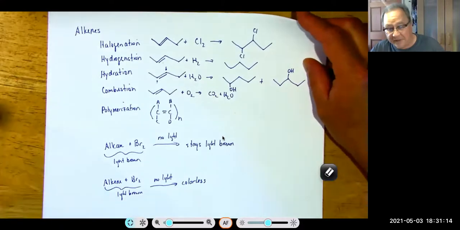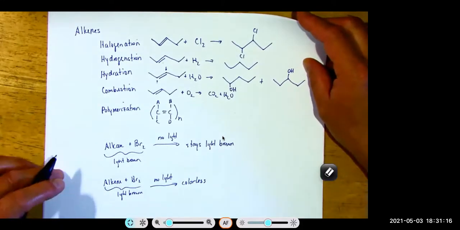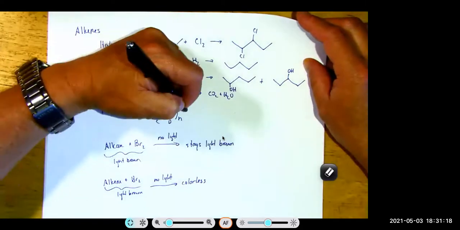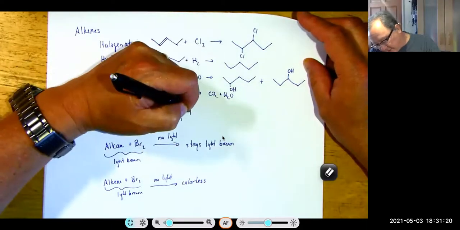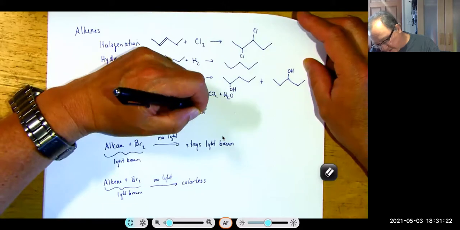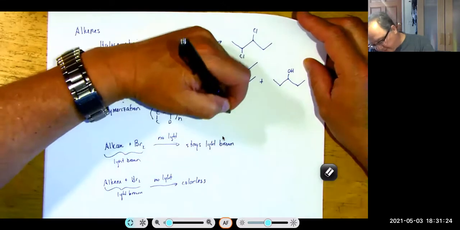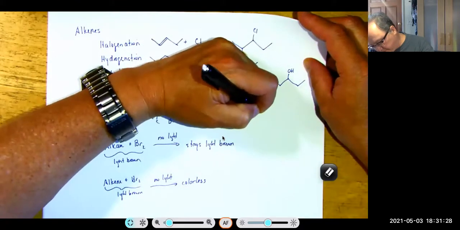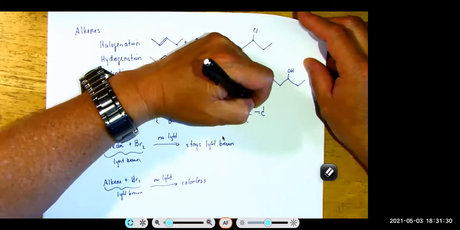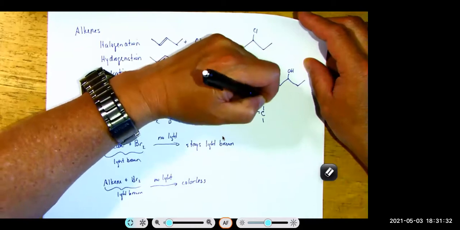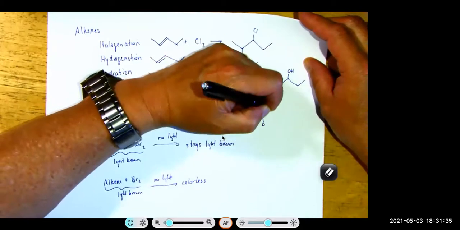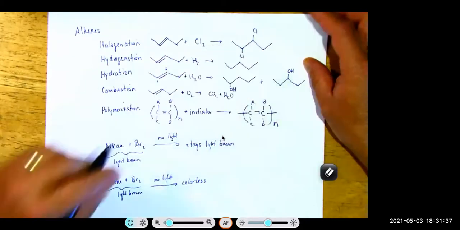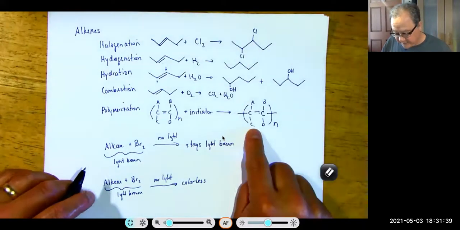They could be a number of different things. You with me? Right. So here, plus you add some initiator. And this is what you get. So this is the repeating unit.